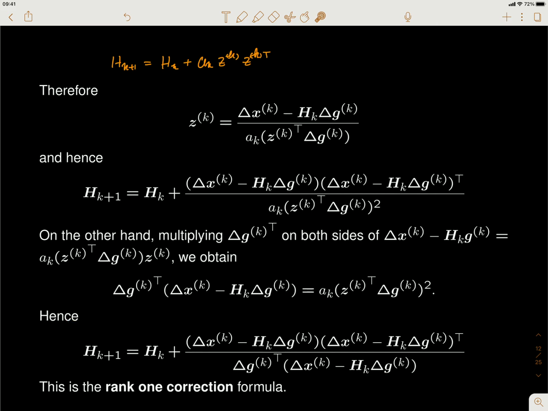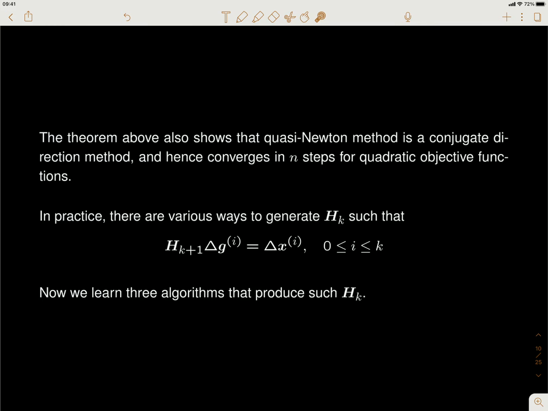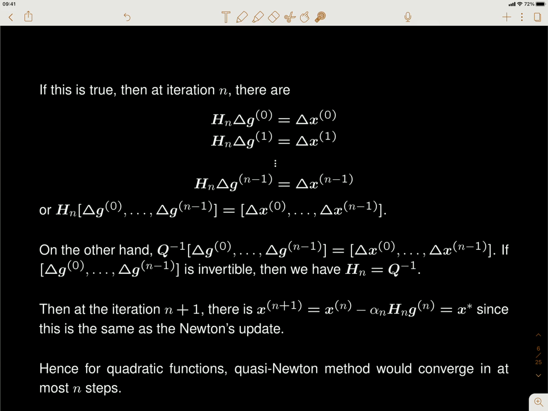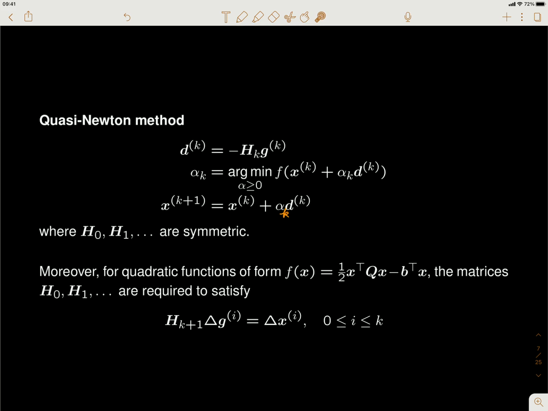The reason that we can just directly use this is because everything on the right hand side is available to us. When we do each iteration of the Quasi-Newton method, we can compute the xk plus 1. And once we have xk plus 1 and xk, we know the delta xk.